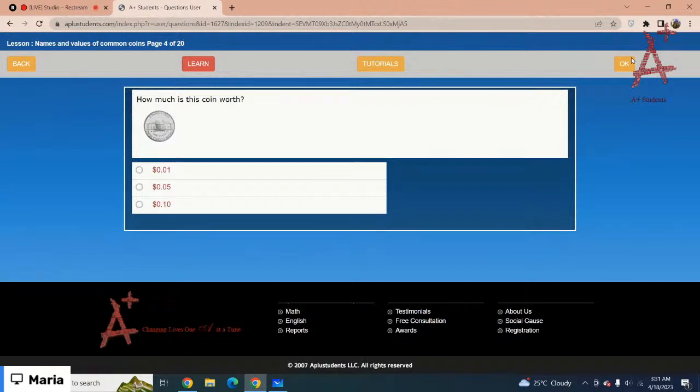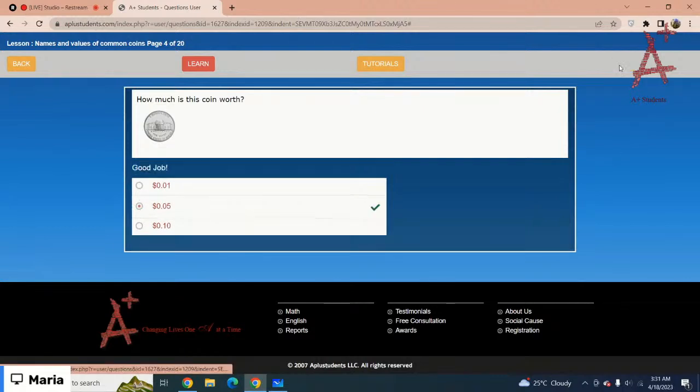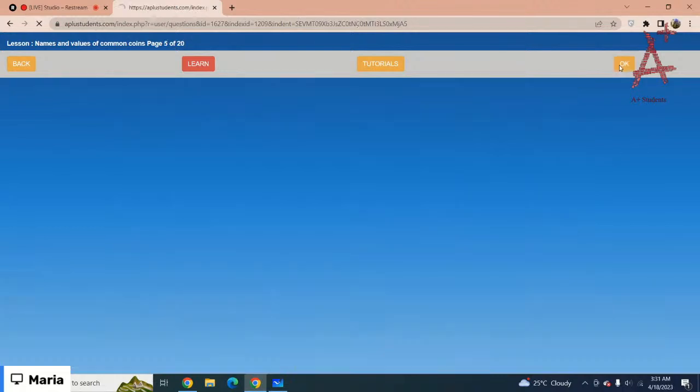How much is the coin worth? Which coin is this and what is the worth of the coin? That would be, mm, I think that would be 0.05. Got it? Yes, that would be 0.05.